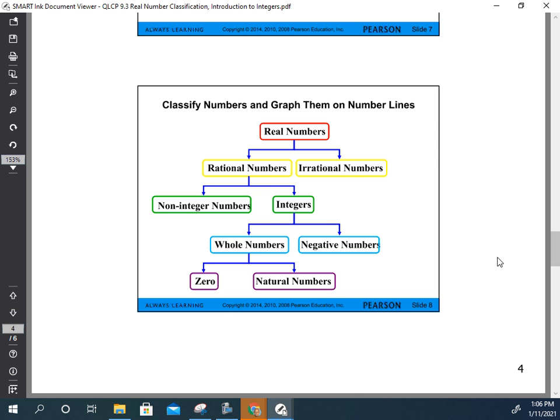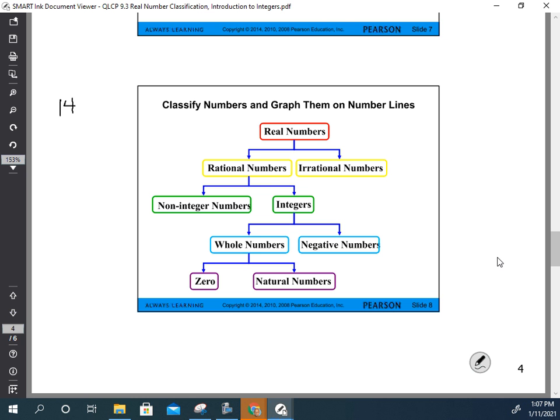So, what would I ask you about this? Here's an example. If I give you the number 14, I would ask you, what are all the categories that the number 14 falls into?